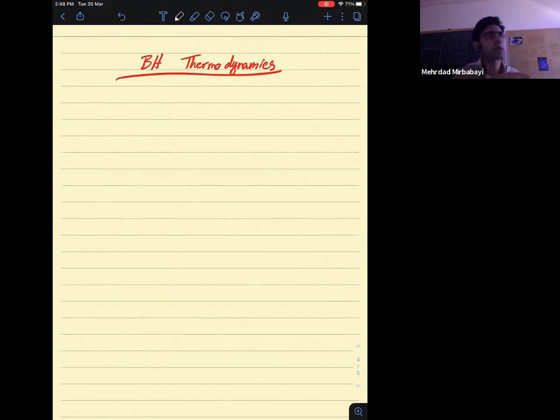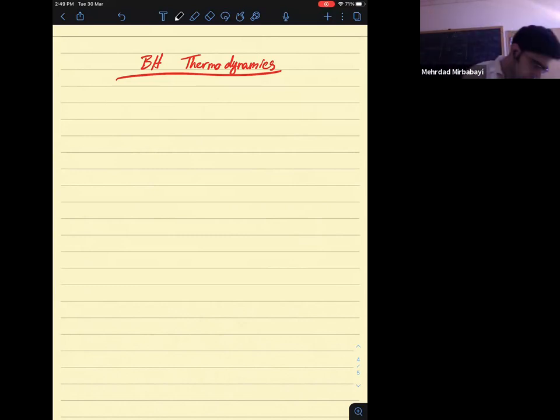Horizon, of course, was a hypersurface. The event horizon was a hypersurface, not a surface. I want to consider a slice of the horizon at fixed t, and then look at the area of that slice. So now it becomes a two-dimensional surface. It's a two-dimensional surface with the topology of the sphere.